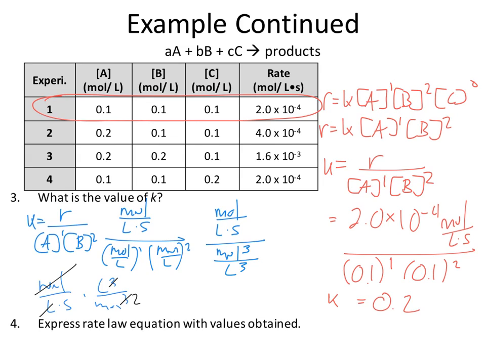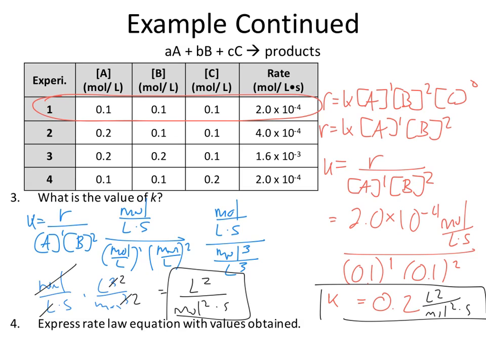My liter will cross out with the 3, and that will become a 2. So if I put this all together, I'll get liters squared over mole squared times second. And this is my unit for K. So it's going to be 0.2 liters squared divided by mole squared times second. That's my value for K.